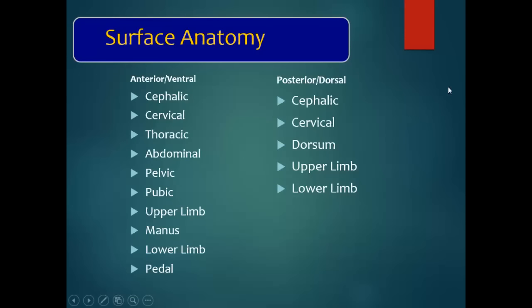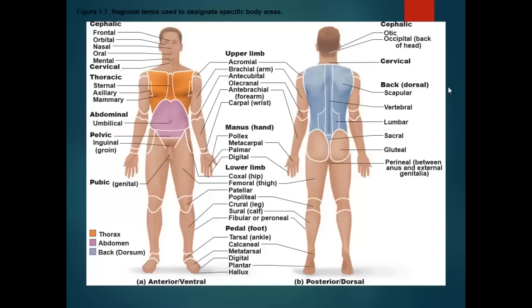Okay, so these terms here are some things that you're going to want to familiarize yourself with, and I'm not going to talk through them today, but this is where we're going after for your general language next week of surface anatomy. So when you look at the body, you should understand where the abdominal region is, and so on and so forth. We'll cover this in lab next week.